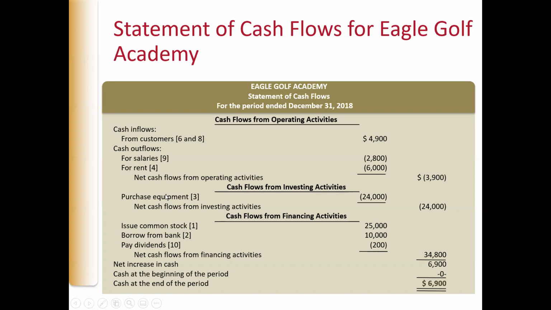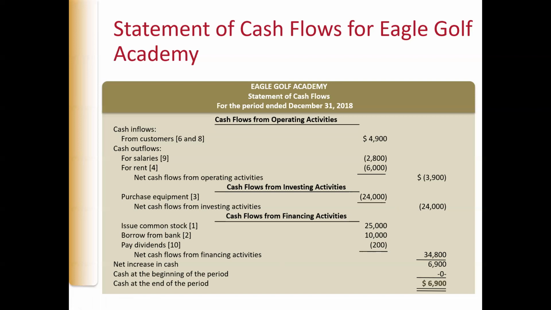Then from investing, purchasing equipment is an outflow of 24,000. Net cash flows from investing activities is minus 24,000. From financing, we have an inflow of common stock, an inflow of borrowing from the bank, and an outflow of dividends, paying dividends.